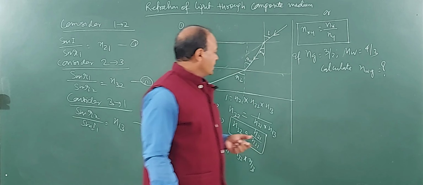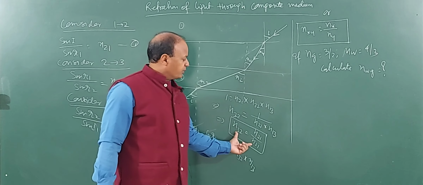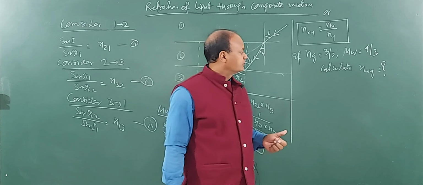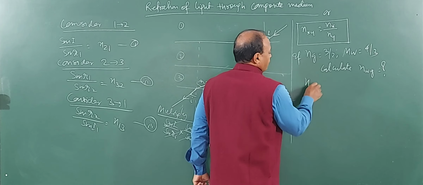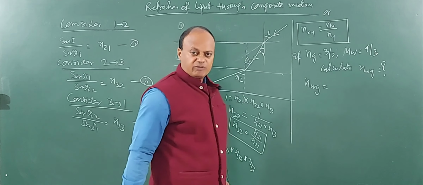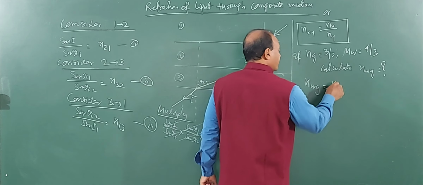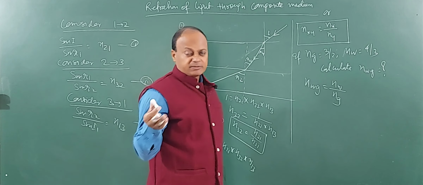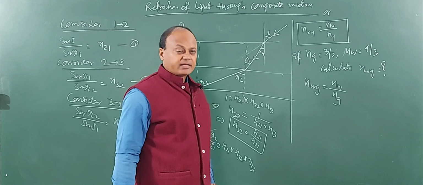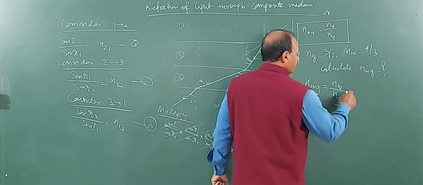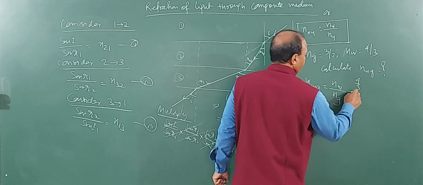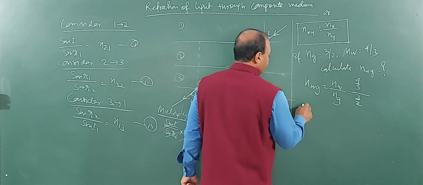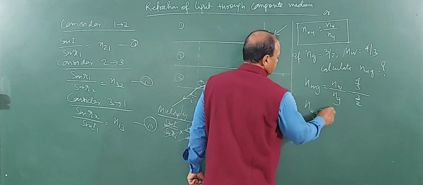I can use this formula for calculating it. The refractive index of water with respect to glass will be equal to the refractive index of water divided by the refractive index of glass. With respect to what is not mentioned, but it is all with respect to air. You already know that for water it is 4 by 3 and for glass it is 3 by 2. So we solve it, and you get the refractive index of water with respect to glass as 8 by 9.